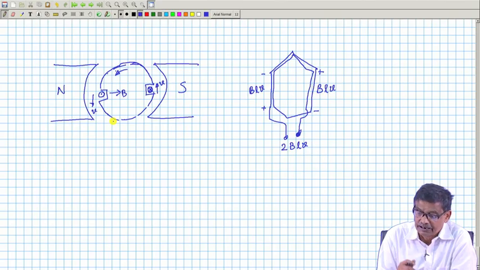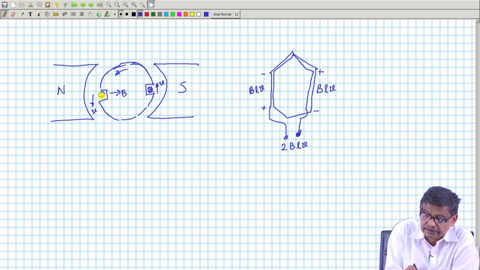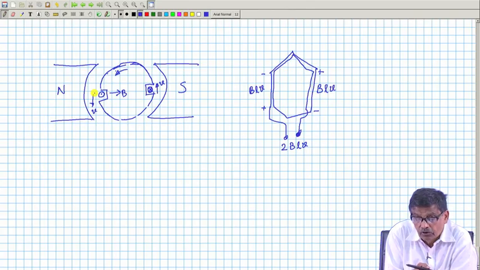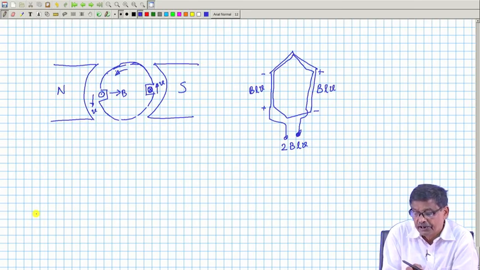Put in a different language, I will always say that if one coil side at a given instant of time is under the center of the north pole, the other coil side must be under the center of the south pole at the same time.